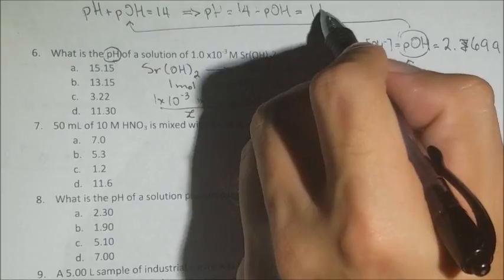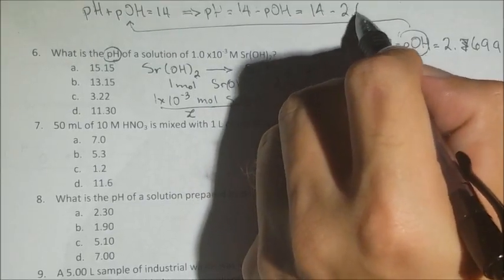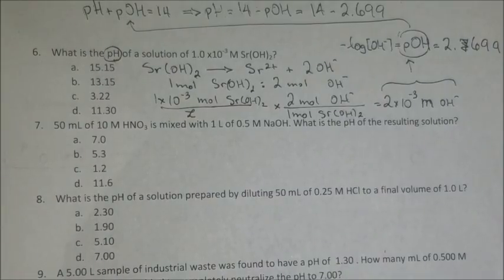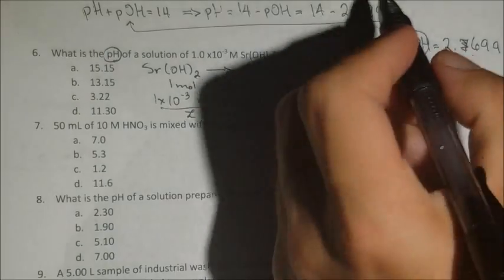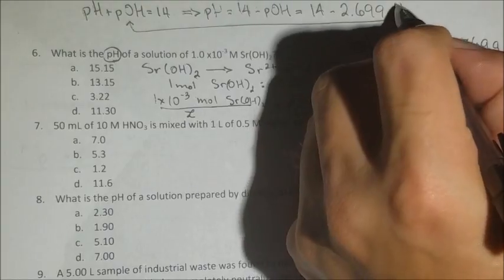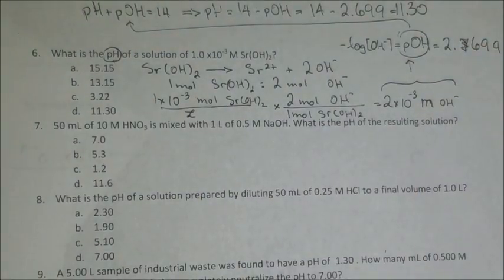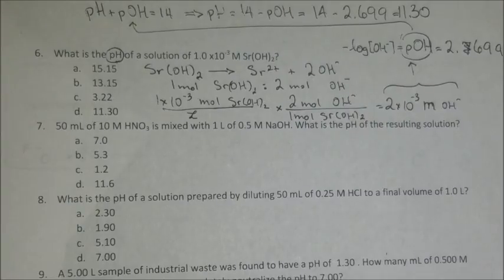So it equals 14 minus 2.699. So the pH of the resulting solution is 11.30.